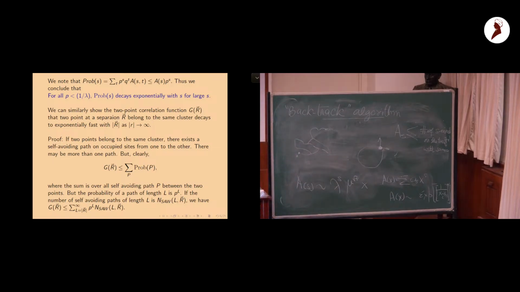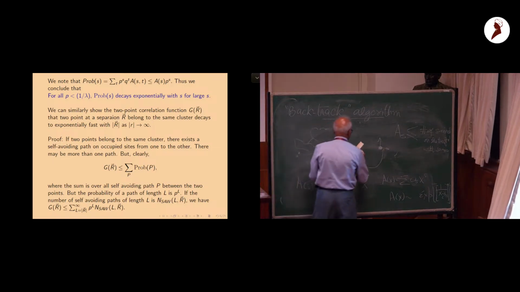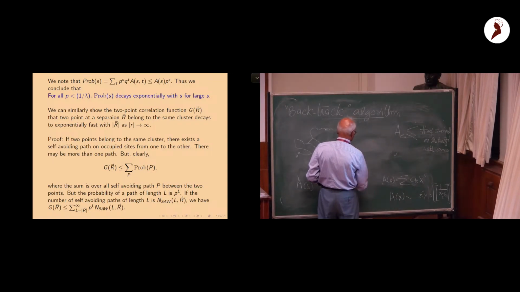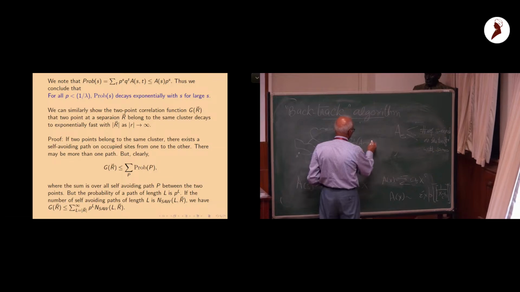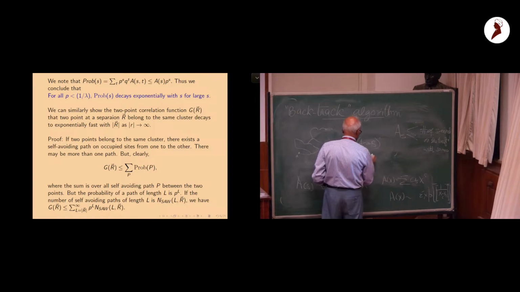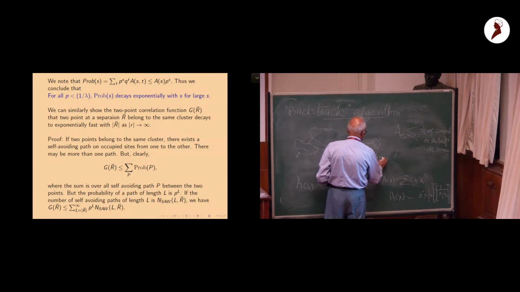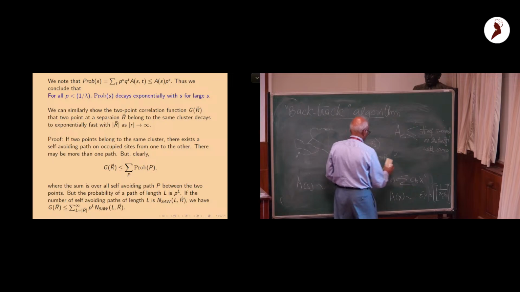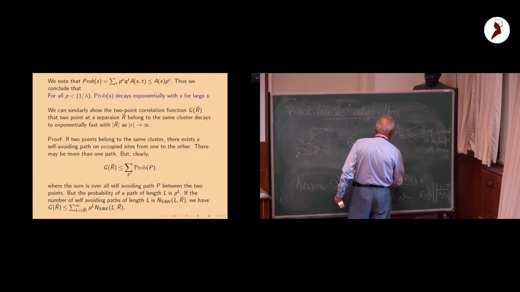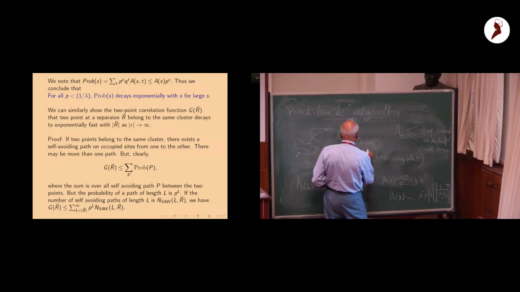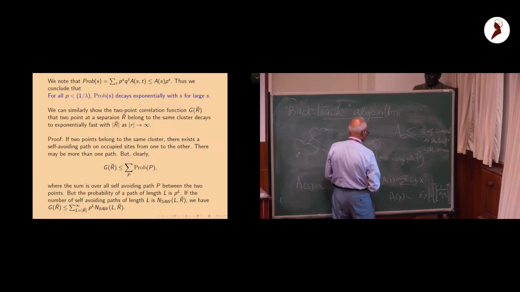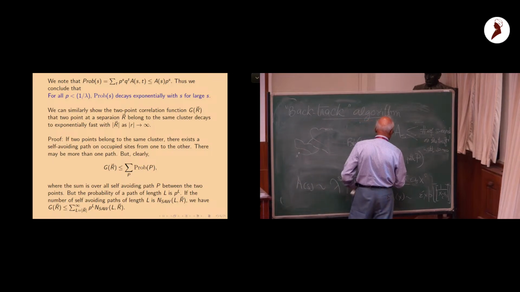So I'll pick one path and I will say that the probability that A is connected to B is less than or equal to the probability that A is connected to B using path P, summation over paths, with path P present.